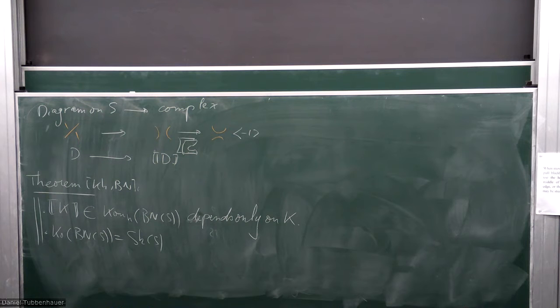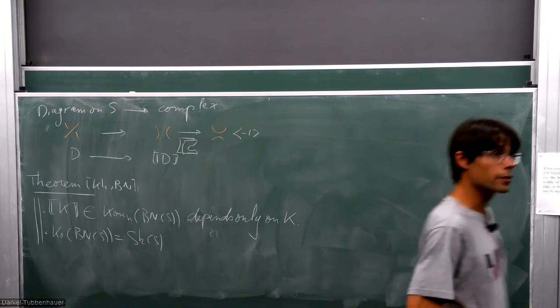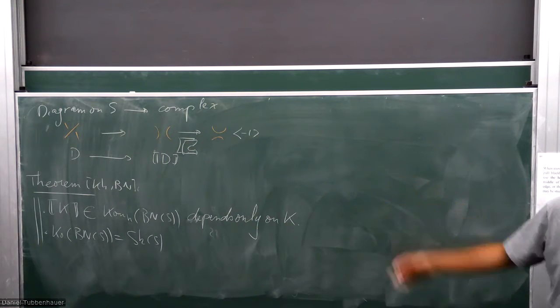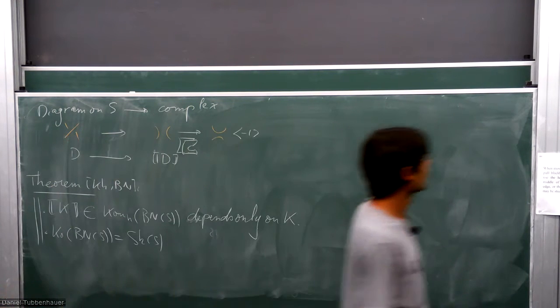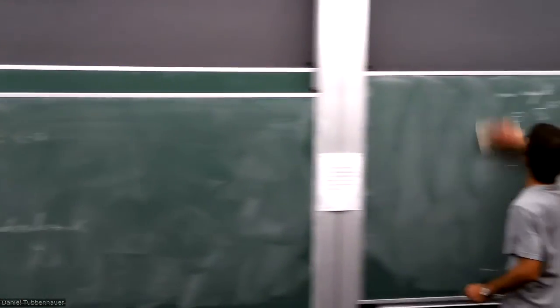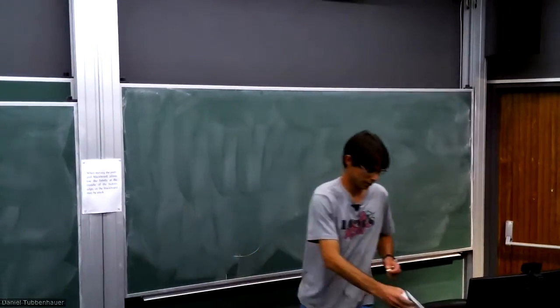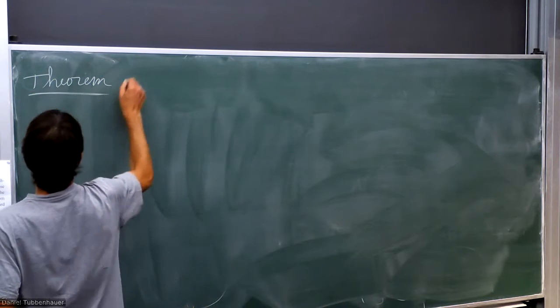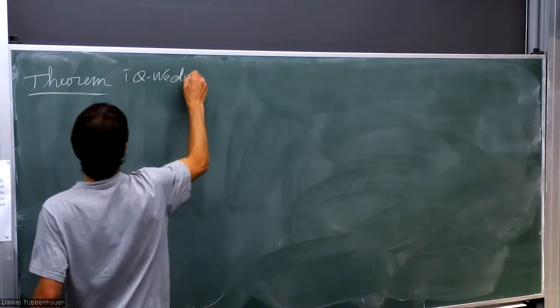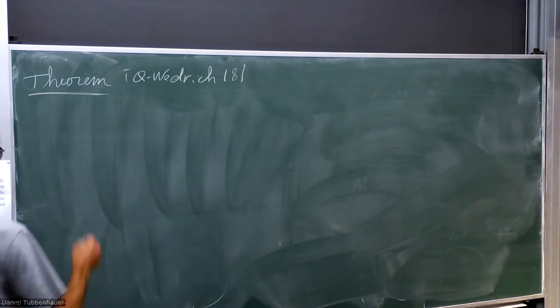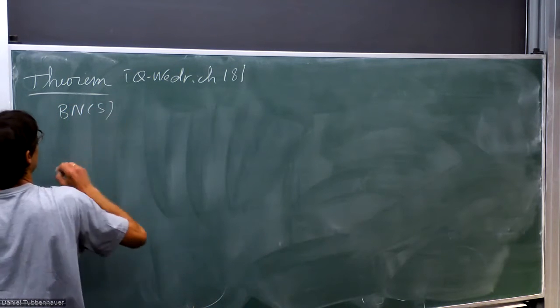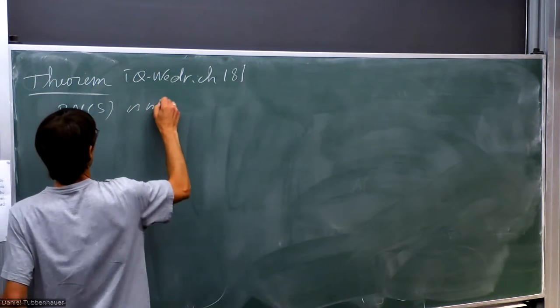So it feels like we're almost in business, except that if you remember, we also wanted some kind of simplicity, and here's where it can become complicated. And so our first theorem is by Paul Wedrich, that this category admits a non-negative grading.